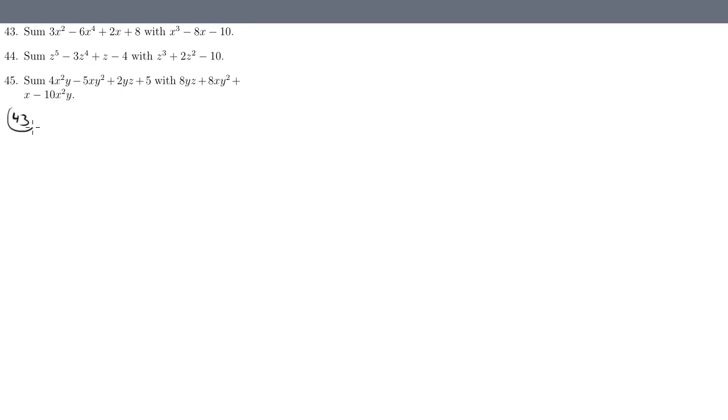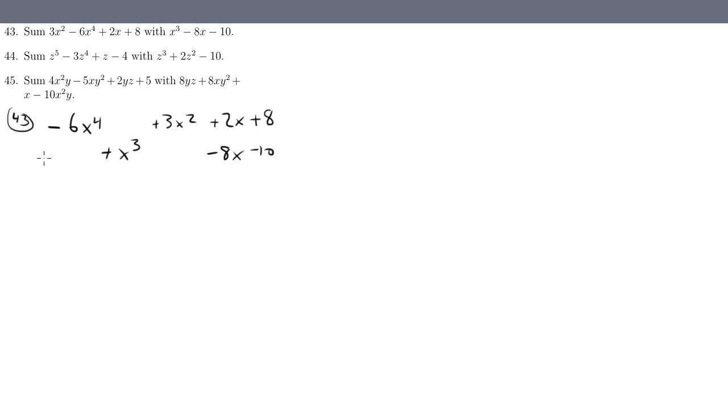43, we're going to sum 3x squared minus 6x to the fourth plus 2x plus 8. Let's write that as minus 6x to the fourth plus 3x squared plus 2x plus 8. Let's write that in the proper order and have plus x cubed minus 8x minus 10.